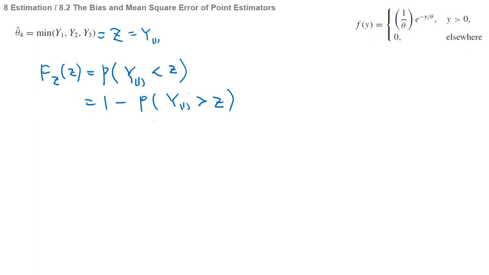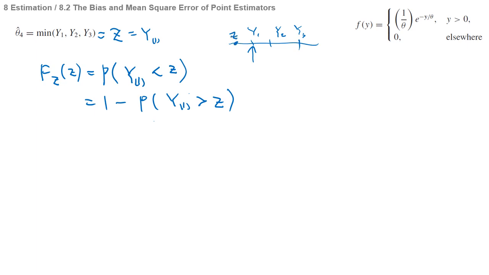What does that imply? Say there are Y1, Y2, and Y3, and the minimum is this one, and z is here.